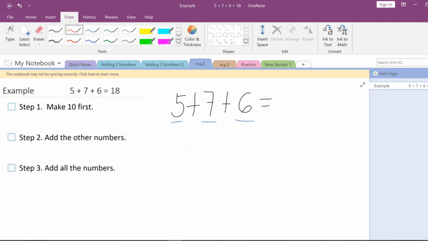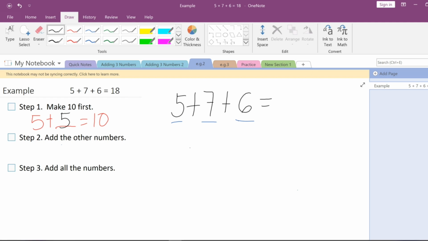In my case, I like to choose number 5. So 5 plus what number is equal to 10? 5 plus how many more to make 10? I think the answer is 5. 5 plus 5 equals 10.